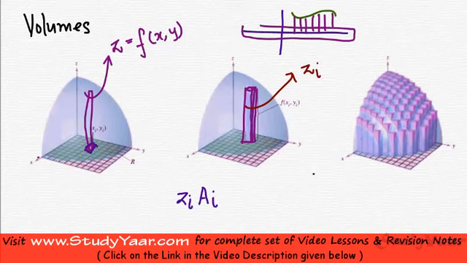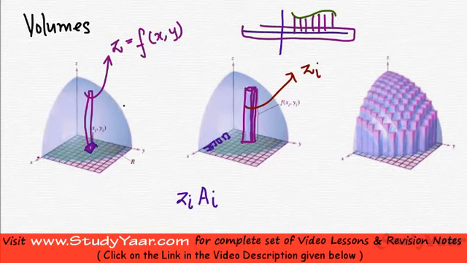If I create all the prisms on all such small areas, then essentially what I get is the volume of the entire portion which is underneath this surface and above the xy plane.